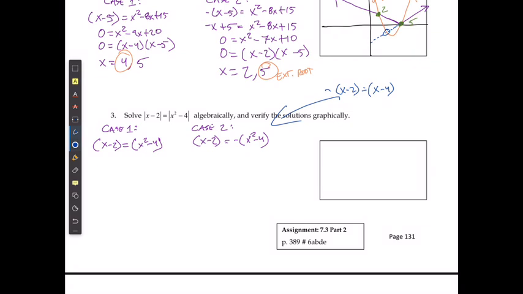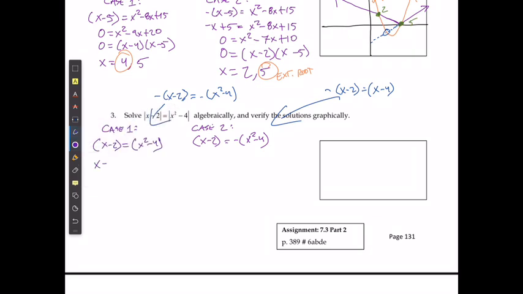It's the same as if I said that both of them were negative: negative x minus 2 is equal to negative x squared minus 4. Well, that would be the same as if I multiplied the first case by negative 1 on both sides. So I'm just solving the same thing again, and I'm not going to do that because of the redundancy. So I'm just going to solve these 2 cases.